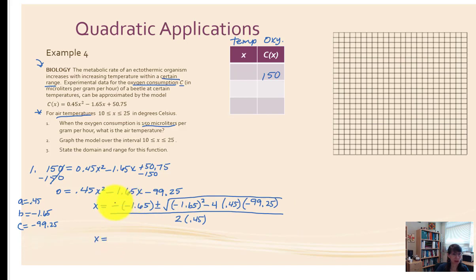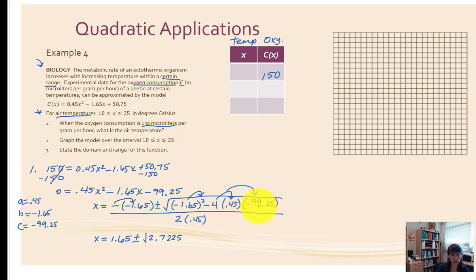So when we simplify, negative times negative would be positive 1.65 plus or minus these terms under the radical. So we're going to square this quantity of negative 1.65, and that will give us 2.7225.